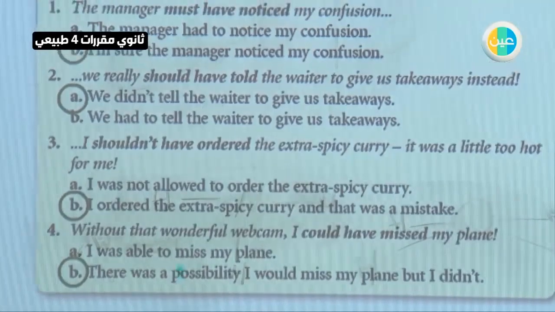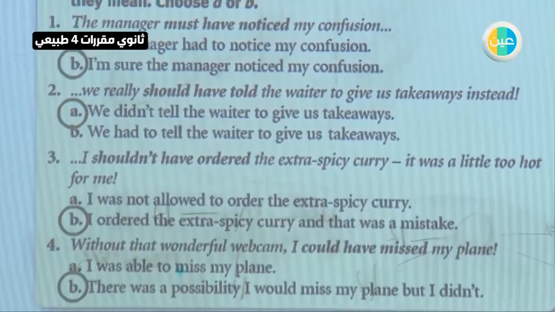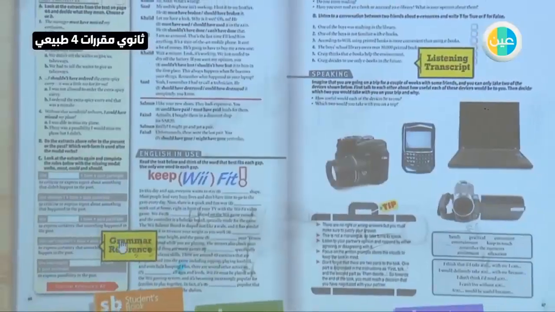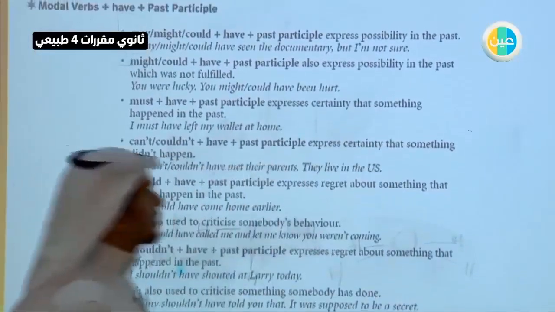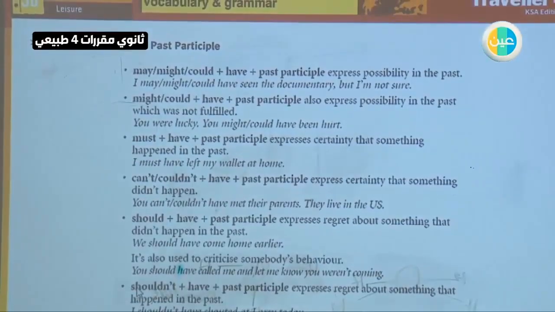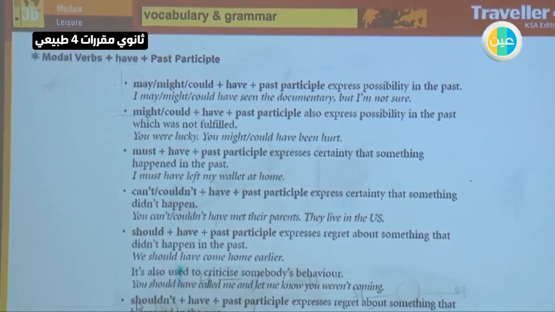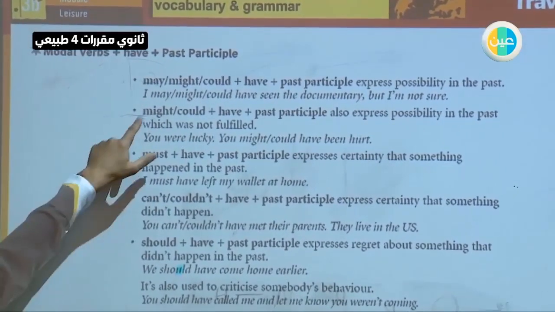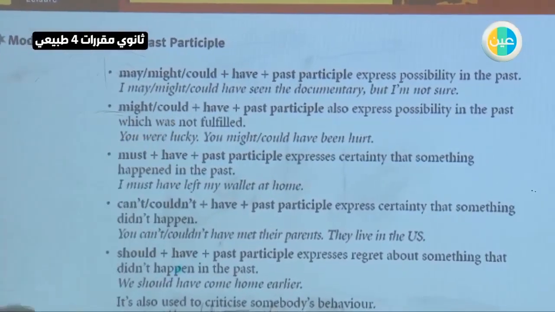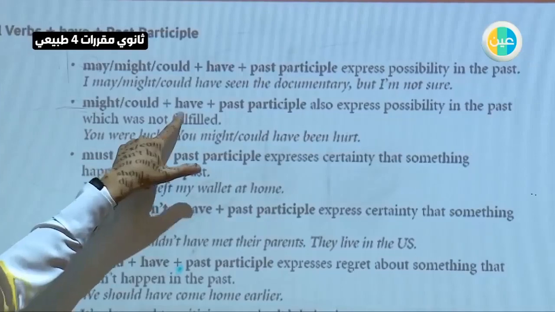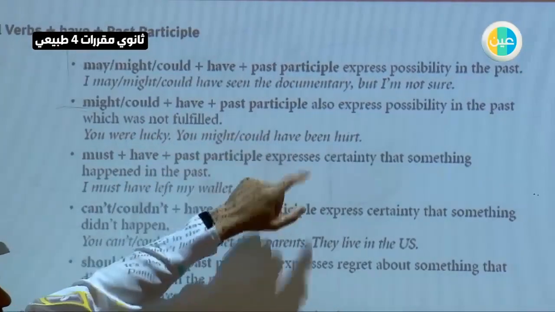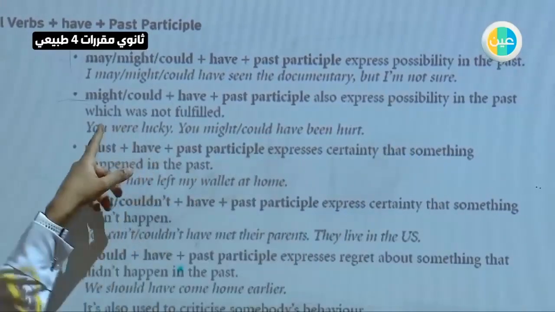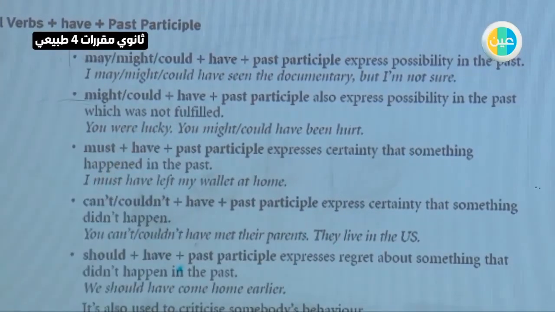Let's see in our grammar reference about the modal verbs plus have plus past participle. When we use might or could plus have plus past participle, it expresses possibility in the past which was not fulfilled.